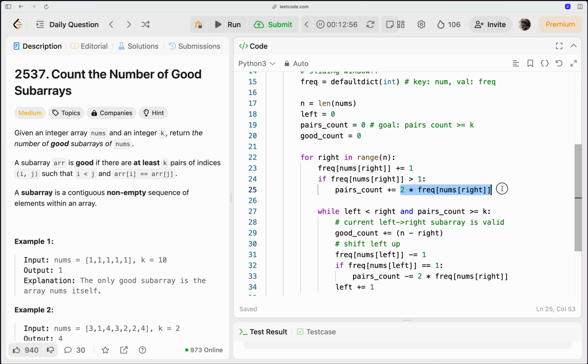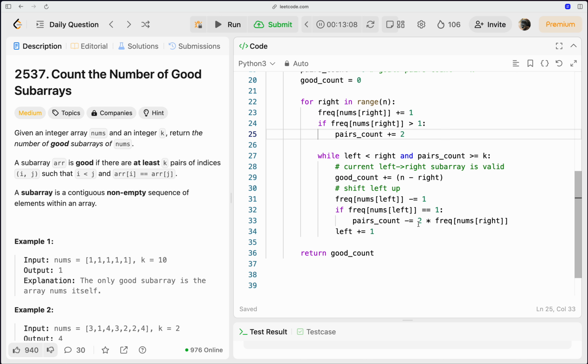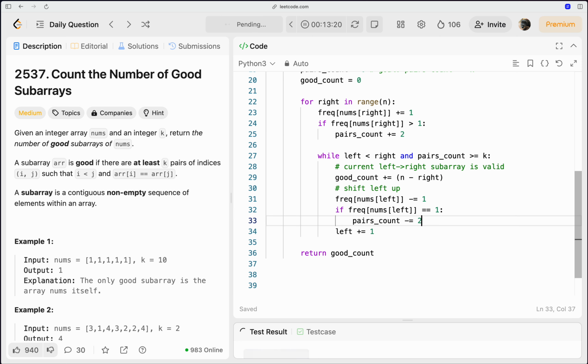I shouldn't be adding 2 times the frequency of nums right. Oh, maybe a new pair has been introduced, so plus equals 2. How many pairs? Minus equal to 2. Maybe something like that.